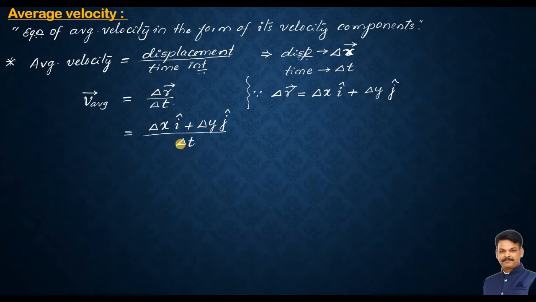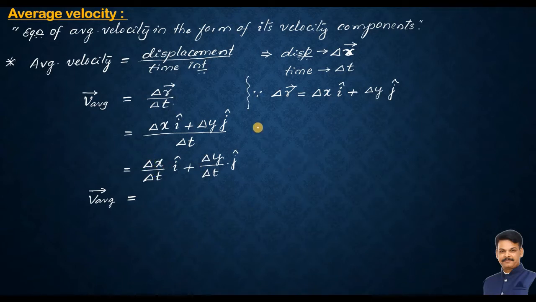Now apply this time interval to both terms of the numerator, then it can be written as delta x by delta t into i cap plus delta y divided by delta t into j cap. It can also be expressed in terms of the velocity components.